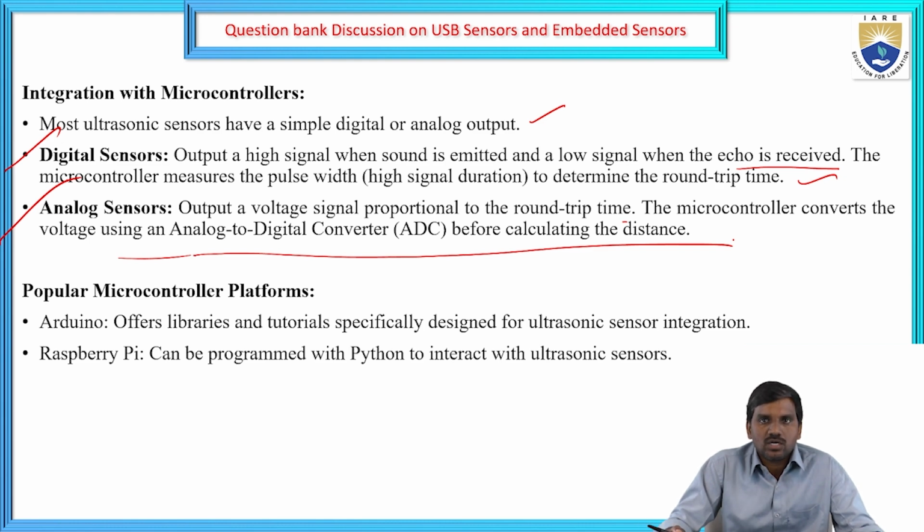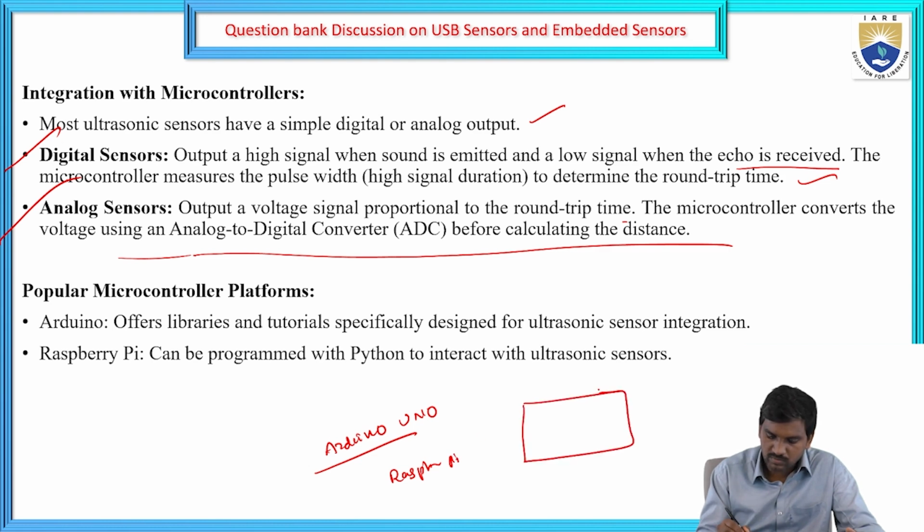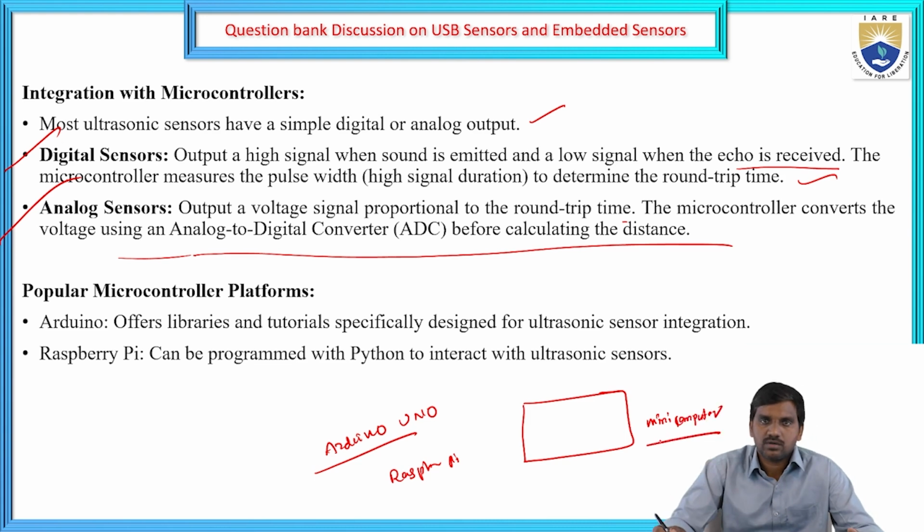The popular microcontroller platforms here are Arduino Uno and Raspberry Pi. These are credit card size mini computers used to do a variety of things, to develop a variety of applications in IoT.